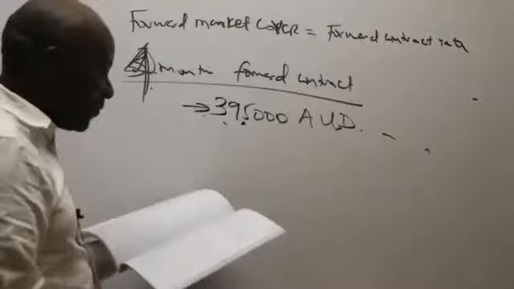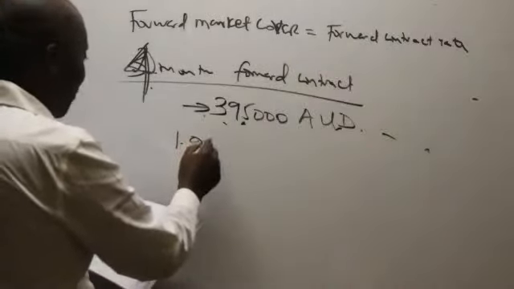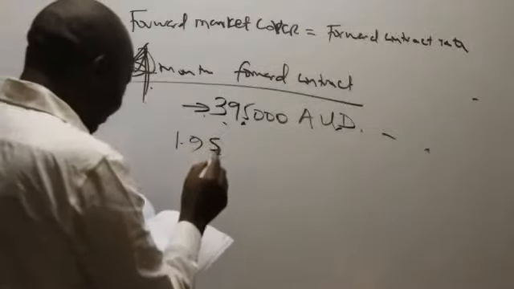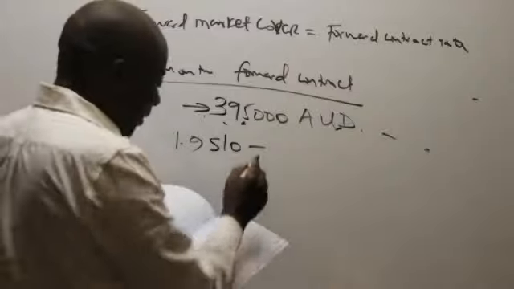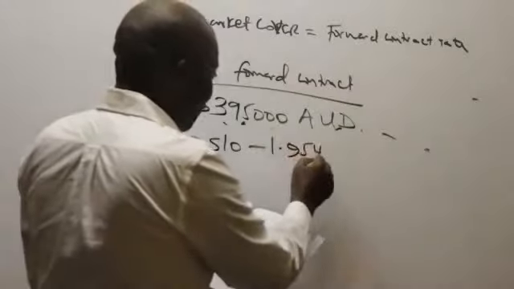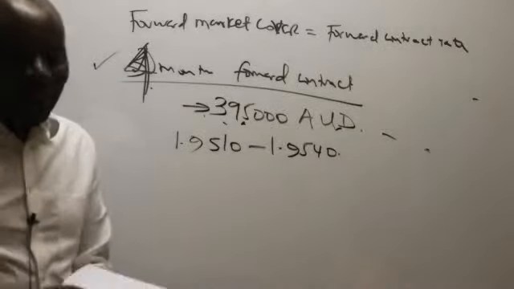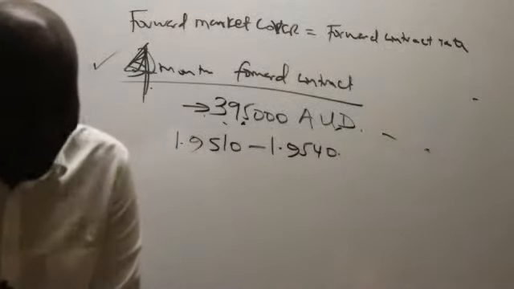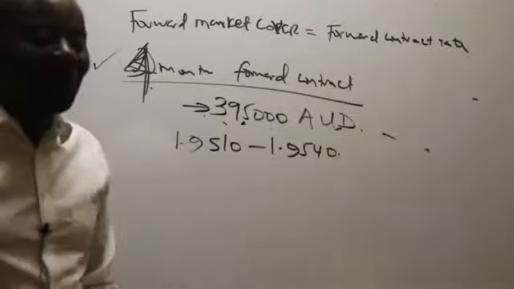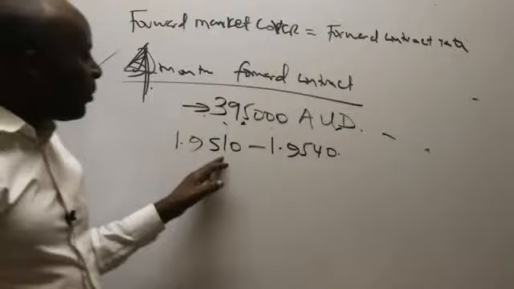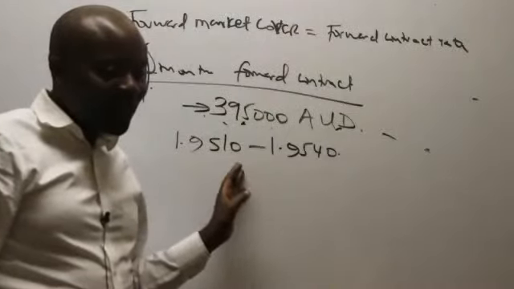We have here 1.95, 1.9540, because it's 4 months. 4 months contract. I hope you are able to see this 4 months contract rate. Are you able to see this 4 months contract rate?